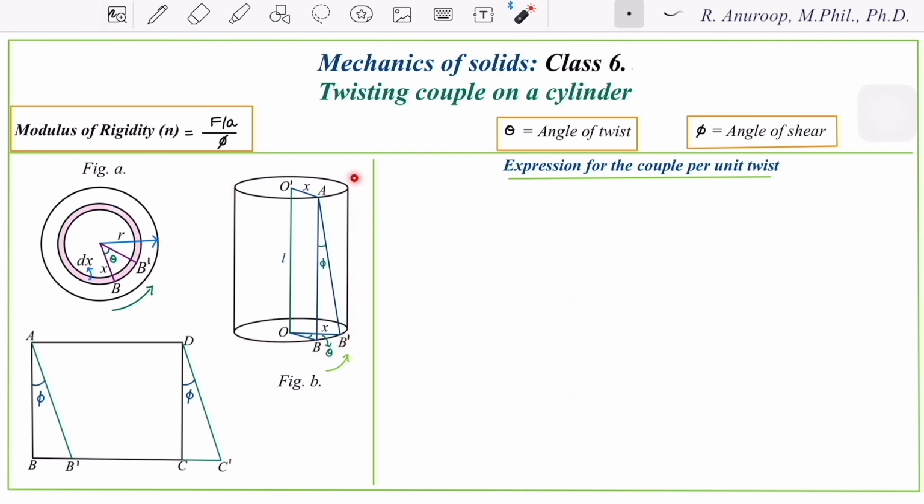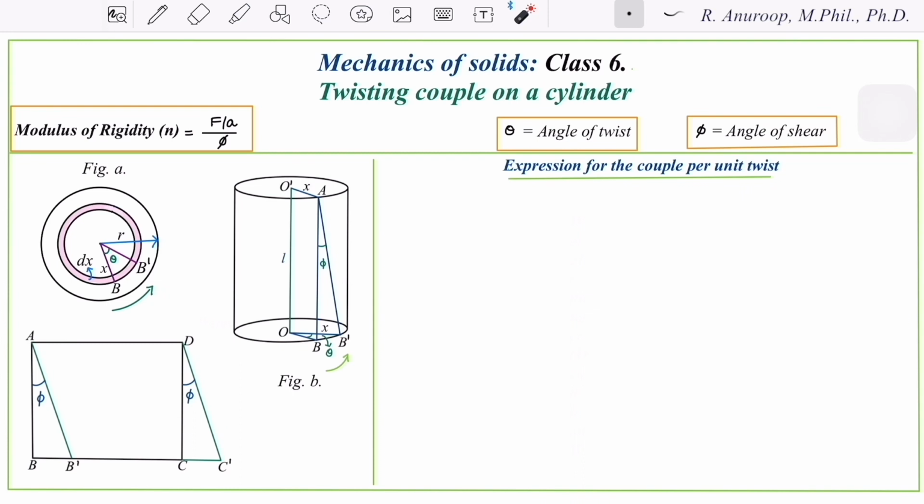Remember, this is the side view of the cylinder having radius x, which is a cylinder inside the cylinder of radius r. Now when the line AB is rotated to a new position AB dash, then the angle BAB dash is called the angle of shear. Before twisting, the outermost layer has the shape of a rectangle.